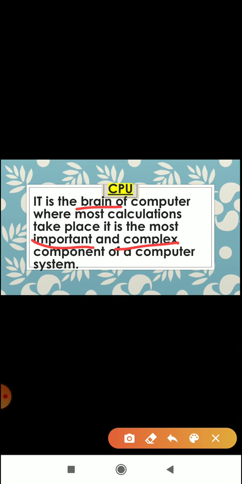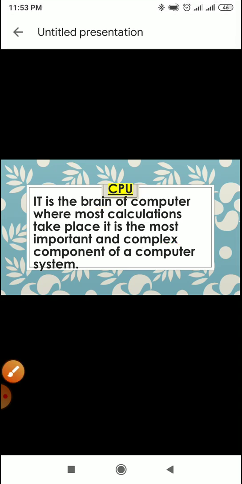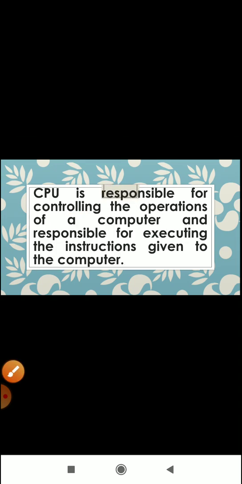As we already know, it is the only processing unit of a computer system. CPU is responsible for controlling the operations of a computer and for executing the instructions given to the computer.